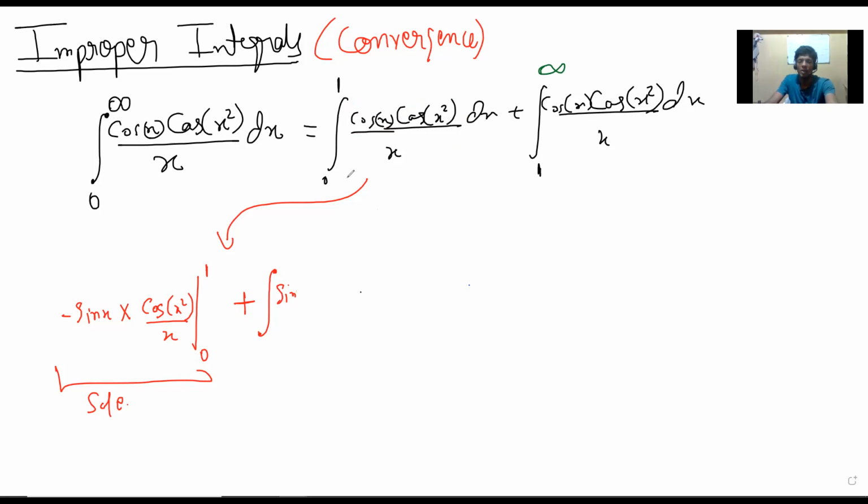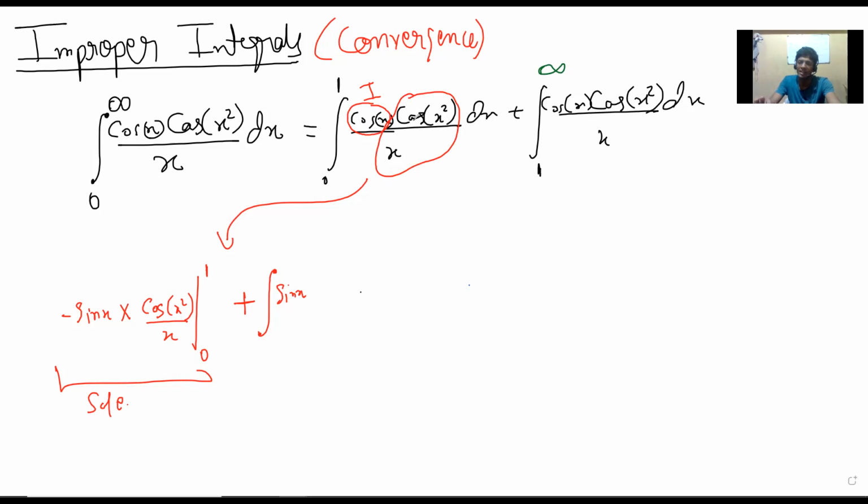I wrote it in the opposite order, right? Usually it's not written like this, but I'm integrating this cos x, and this is my other thing.